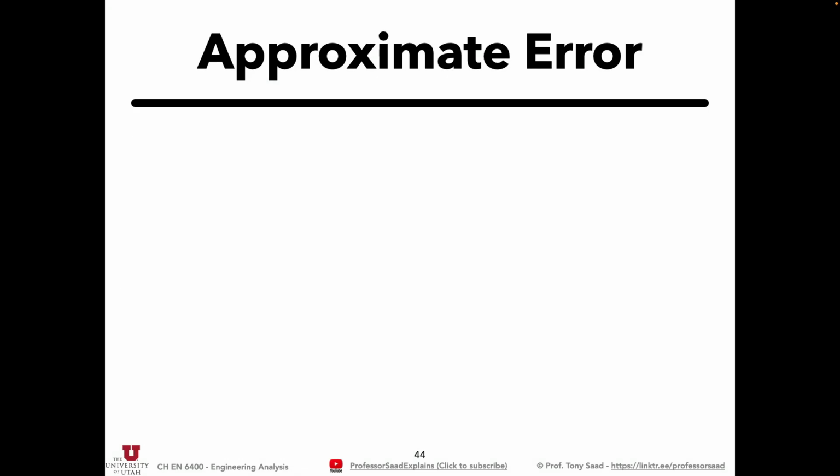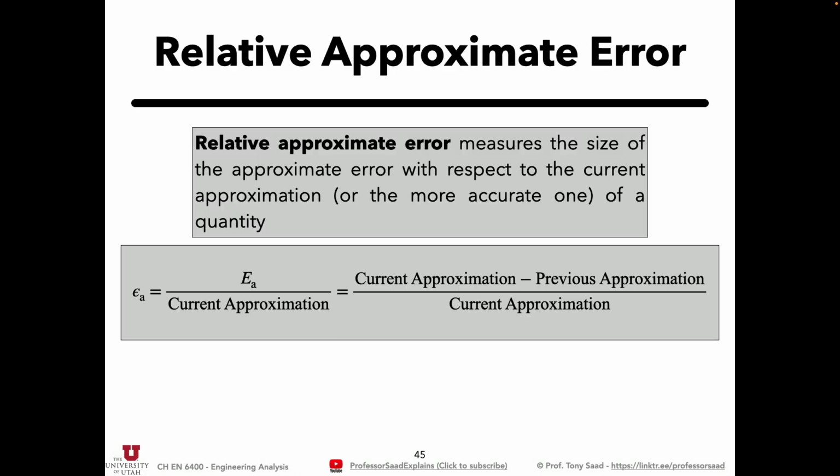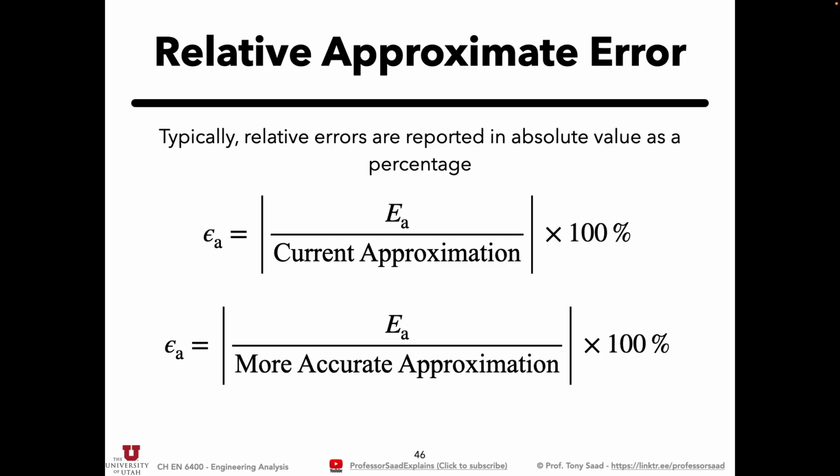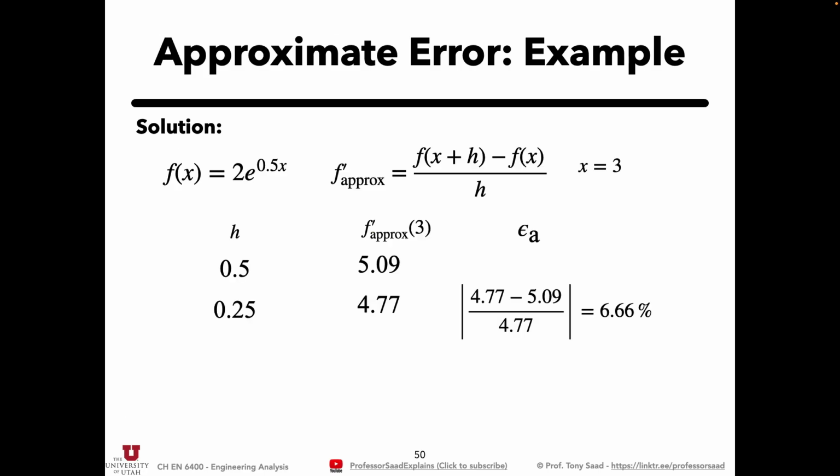So that led us to the concept of approximate error. We went through some simple formulas here. And we did this example together in class, comparing approximations to a first derivative using consistently smaller values of this parameter h. That's the rise over run.